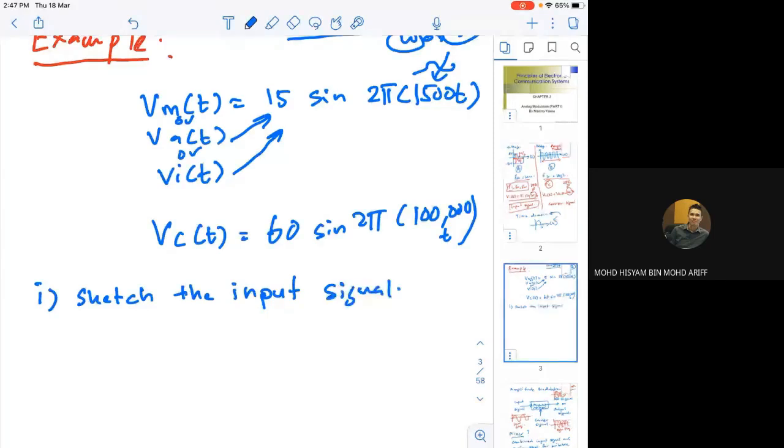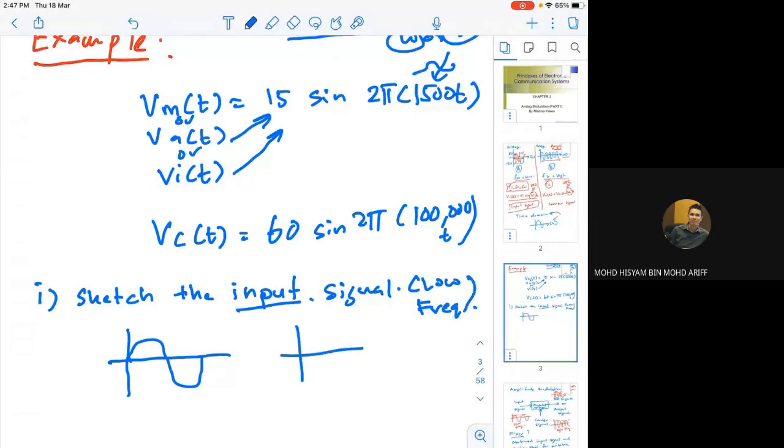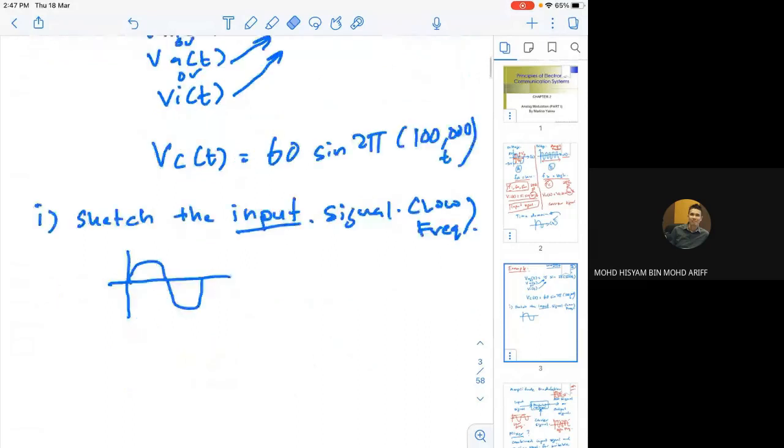How to draw? Basically, you must know this is a mathematical thing. So for the input signal, you draw this. Input means we are using low frequency, so if you draw it like this it is wrong, because that one is for the carrier. Now you have the input signal.